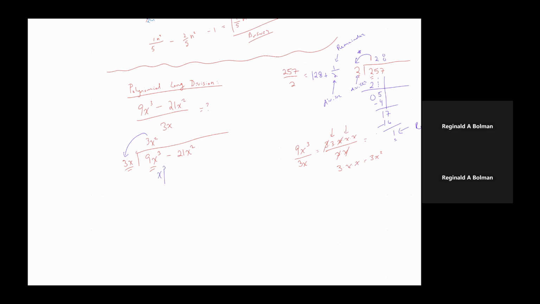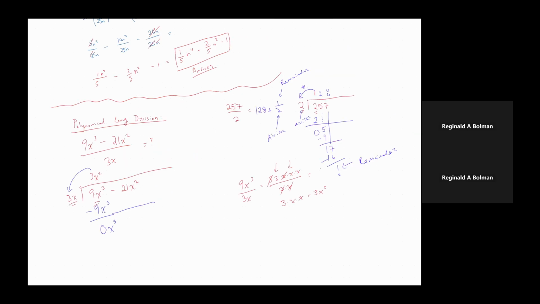When we get good at this, we'll be able to calculate the division process fairly easily. Now you subtract 9x cubed from 9x cubed, and you get 0x cubed left over. Just as before, once you do the subtraction, you drop down the term that's remaining.